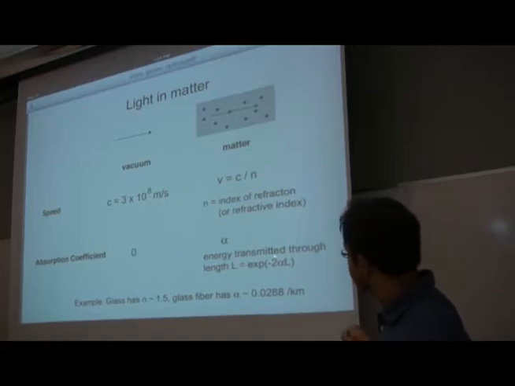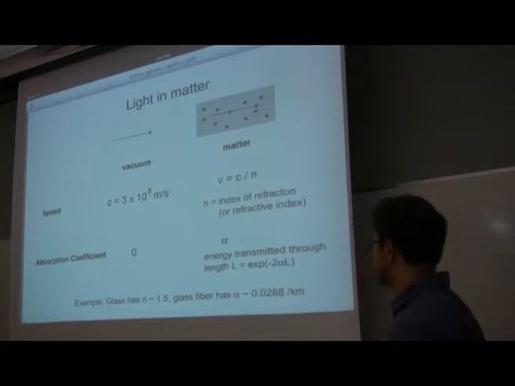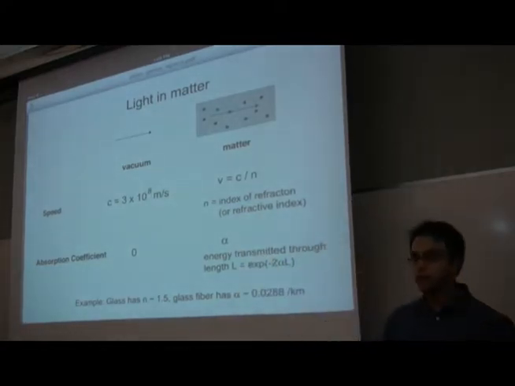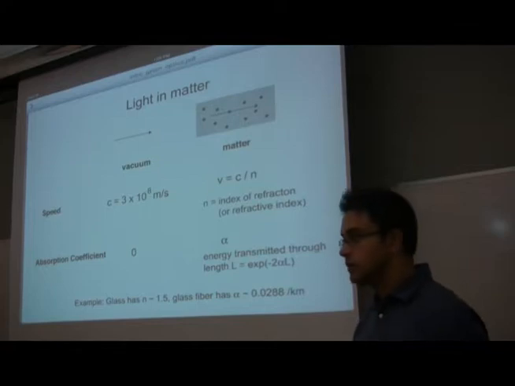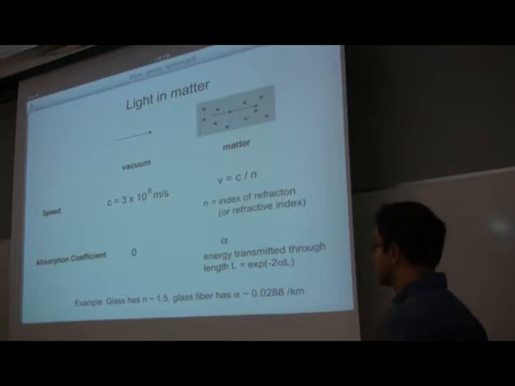Now, does anyone know where the 2 comes from? We haven't covered it, but if you remember, it's okay. If you don't, we'll talk about that later. But alpha typically refers to the field, the amplitude of the wave. Okay, it's how much the amplitude of the wave has changed. But energy is what I'm talking about here, which is the square of the amplitude.